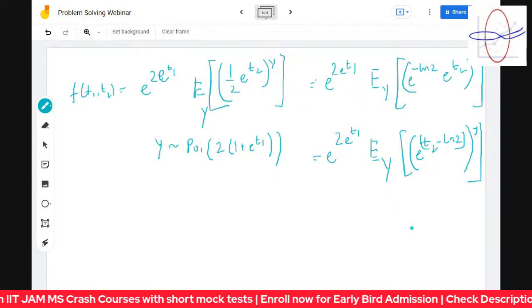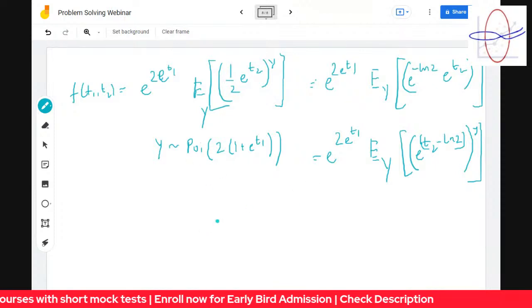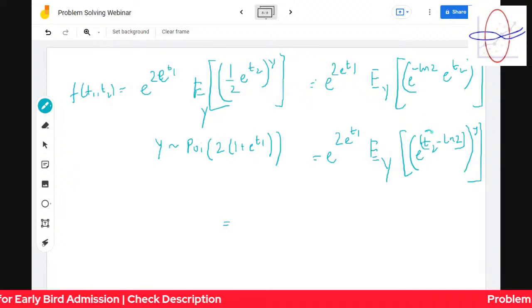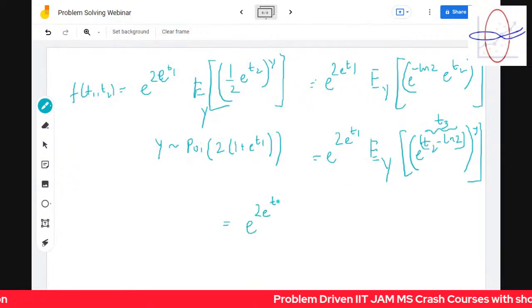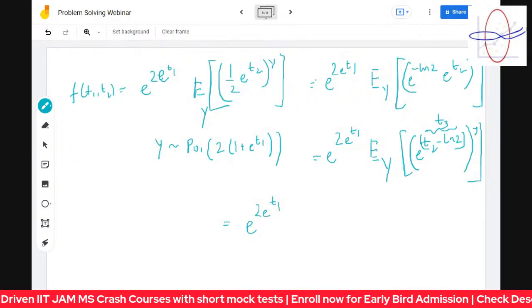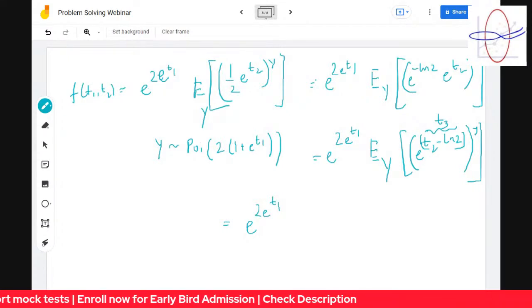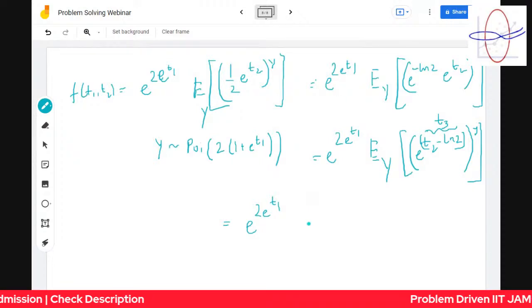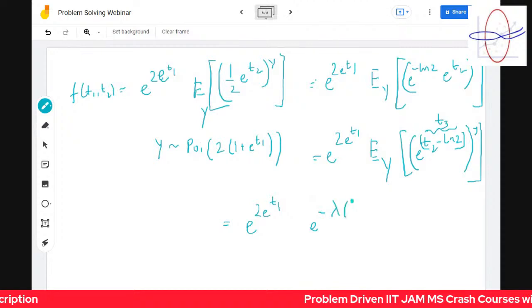So therefore, what is the MGF of the Poisson of y? Let's call it t3. What is the MGF of Poisson? e to the power minus lambda, 1 minus e to the power t. e to the power minus lambda, 1 minus this, right?